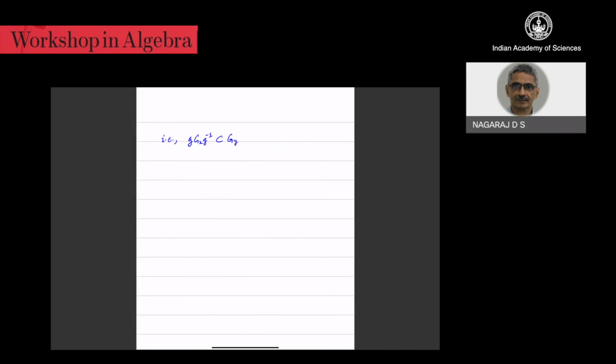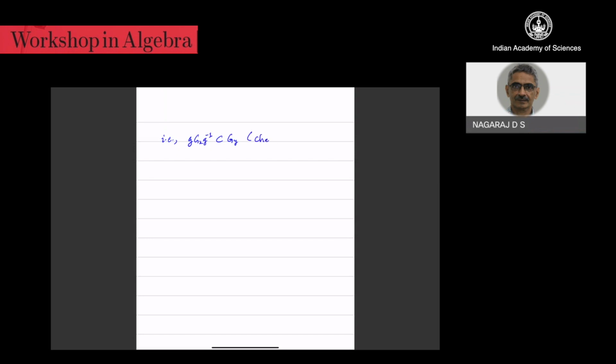The other way, the equality, is also easy to prove. You take an element in Gy and you can produce an element h in Gx, because y is of the form g x. Any element in Gy can be written as g h g inverse. So I will leave it as an exercise.